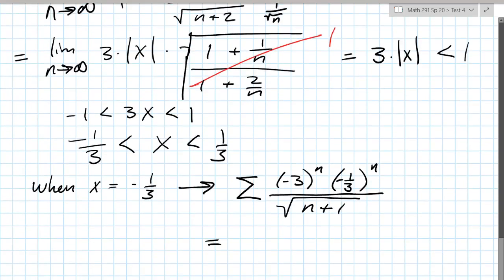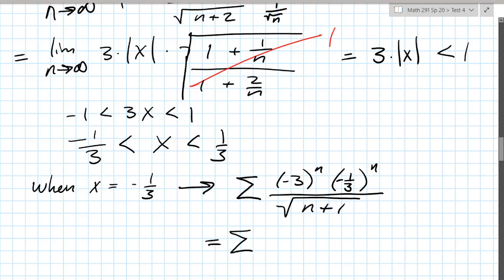So what is this? Can we simplify this? Well, that looks like the negatives are going to cancel each other out when we do this.